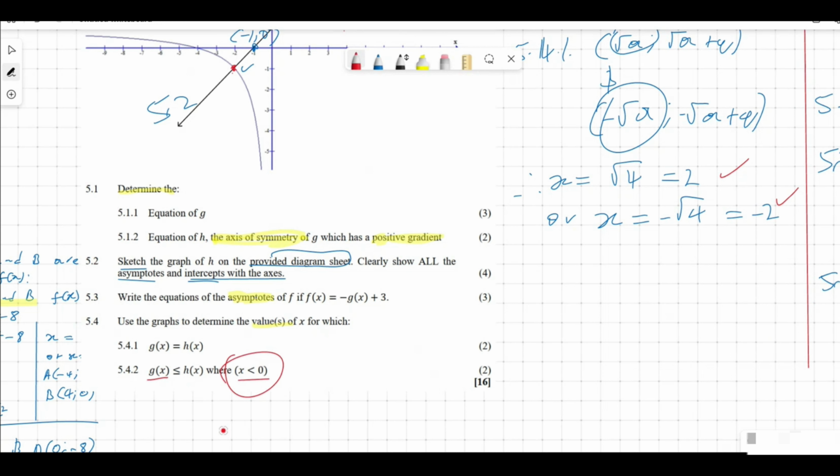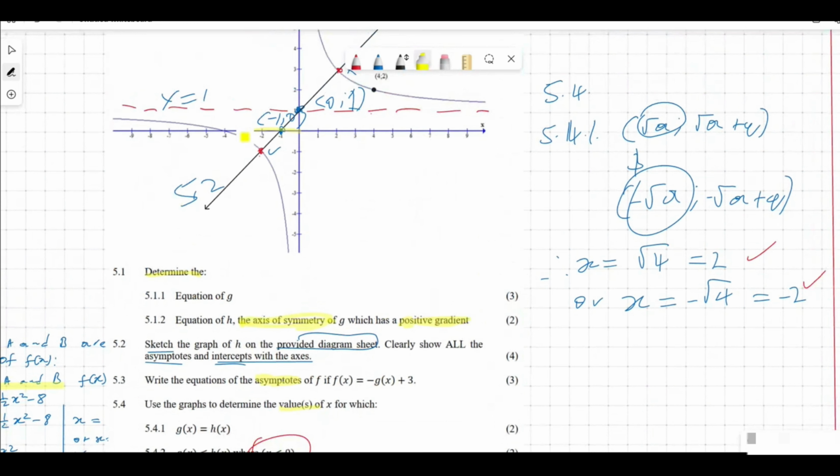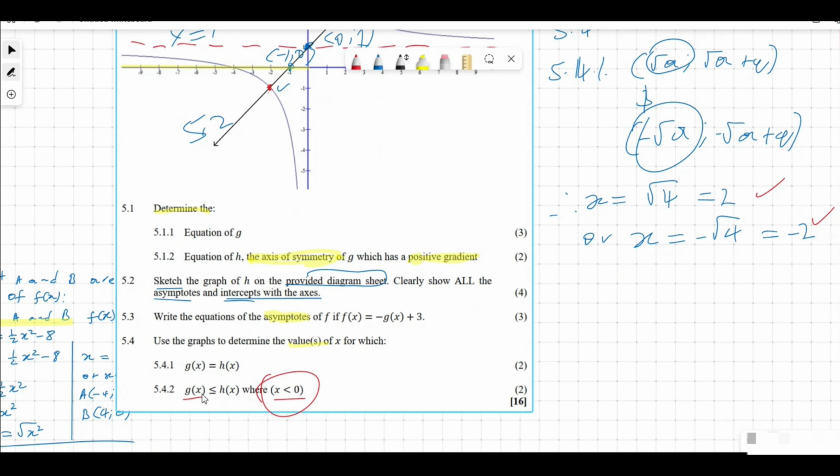Less than 0, negative, if you can remember from our notes. So we will be looking at this side, the negative side. Is that okay? Yes. We will be looking on the negative side because they are saying x is less than 0.